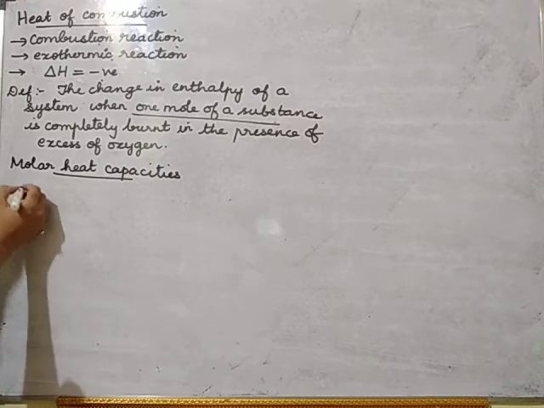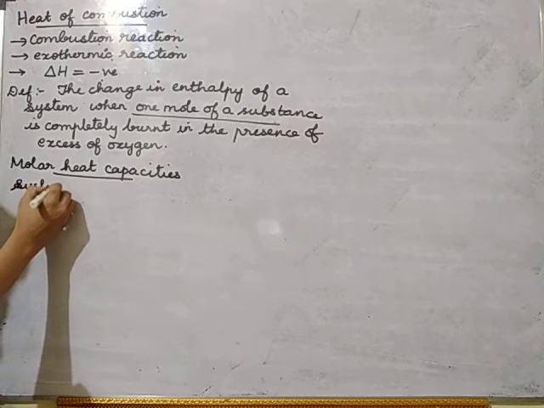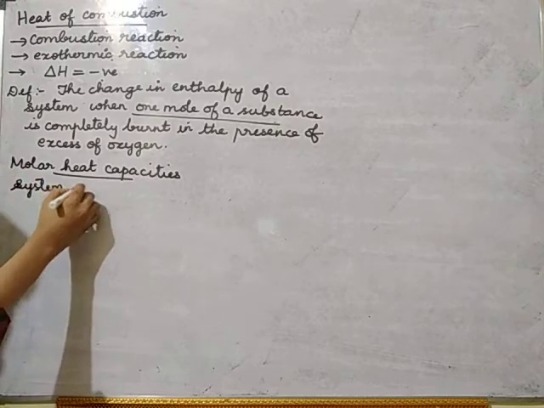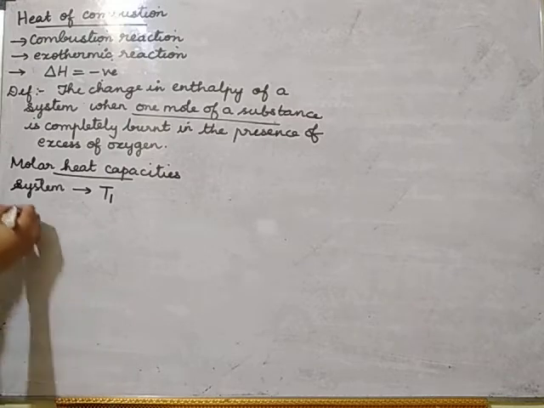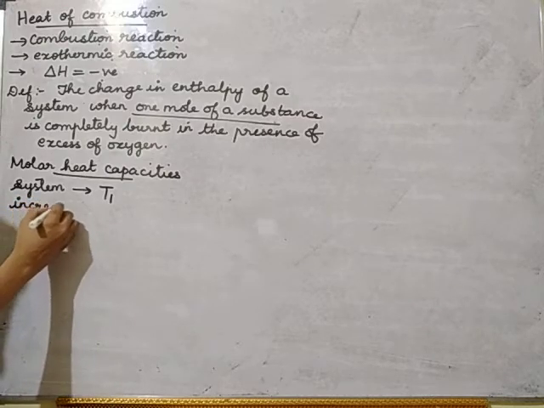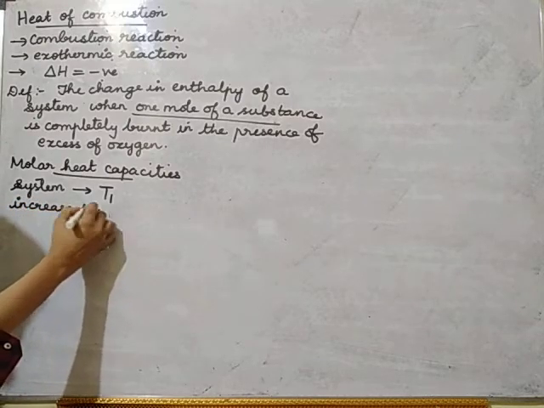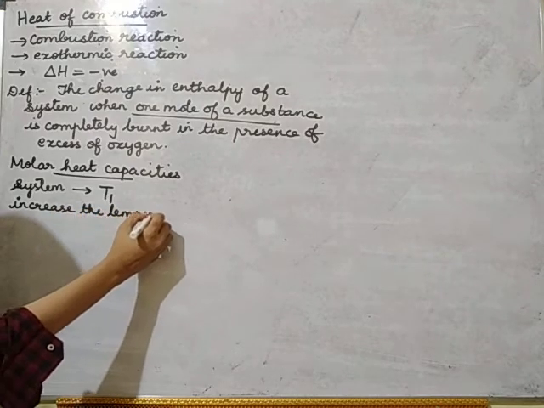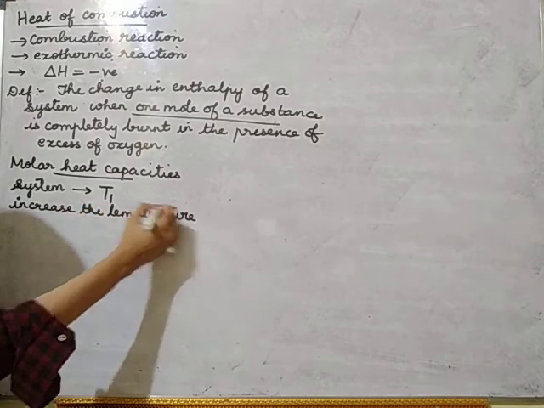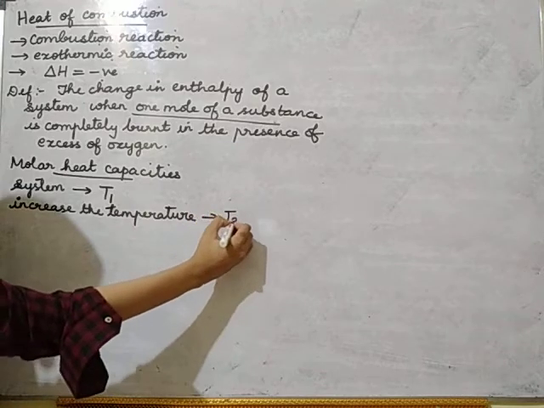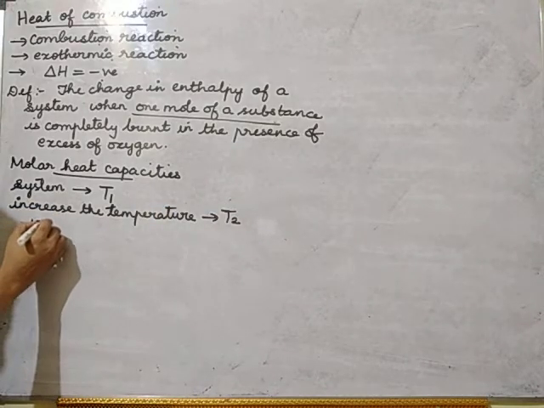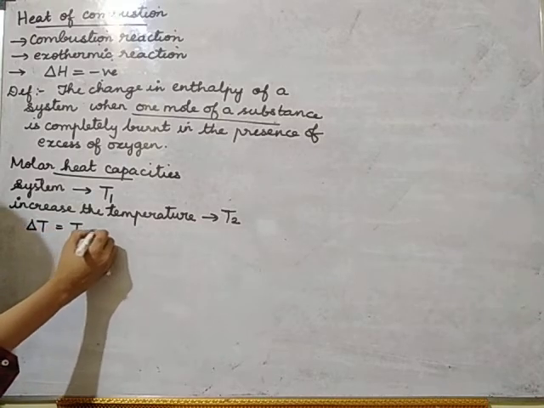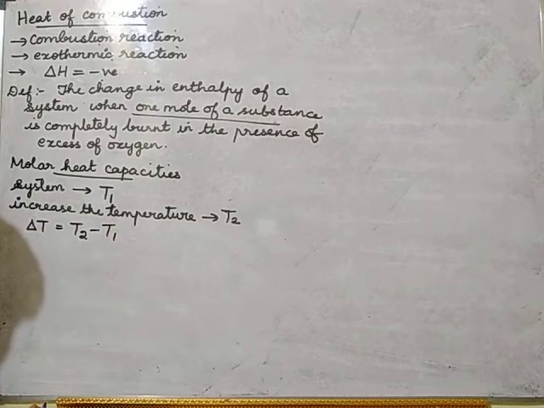Suppose there is one system at temperature T1. When you increase the temperature, it changes from T1 to T2. What will be the change in temperature? Delta T will be equal to T2 minus T1.